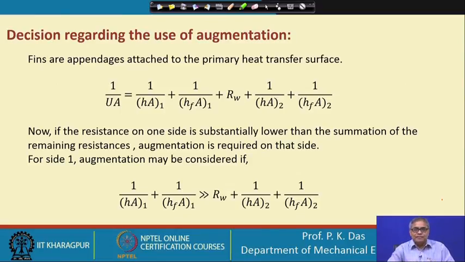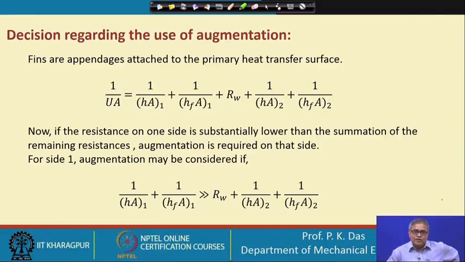It is like this, that we know that in a heat exchanger there could be many heat transfer surfaces, but a typical heat transfer surface will have one fluid on either side. Or rather, let me put it this way, two fluids are separated by some sort of solid wall.